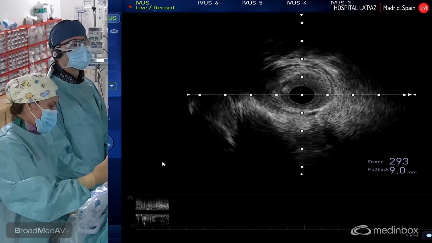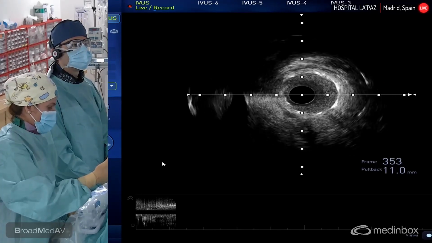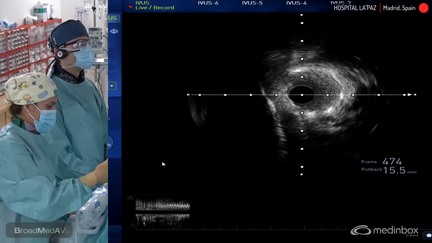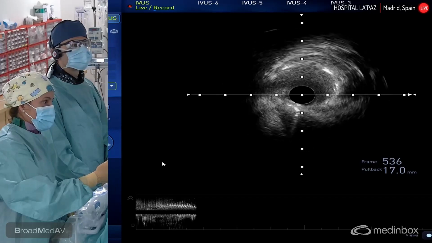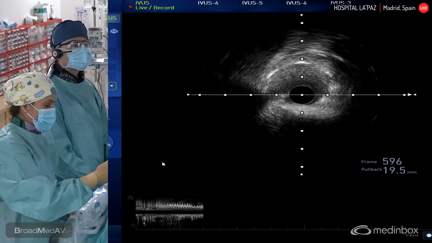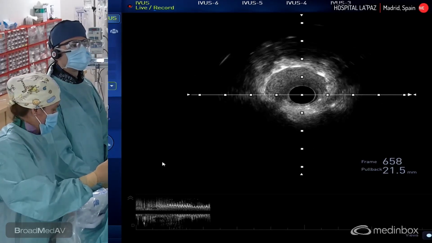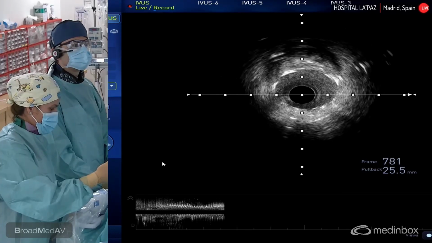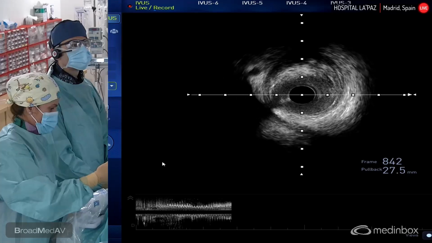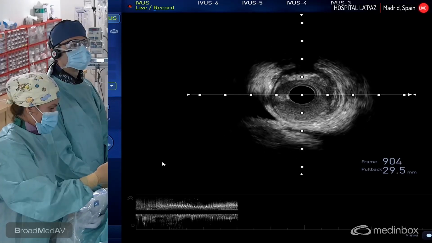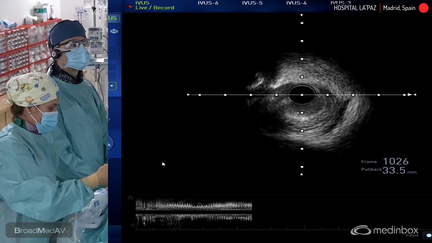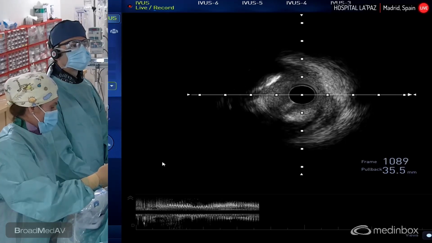Some disease here, very distal. The stent is quite good. I think that we haven't dilated with the drug-eluting balloon here, probably in the proximal part of the stent. The stent is quite good. Let's see, probably we can see the dissections of the proximal part at some point. Probably there.